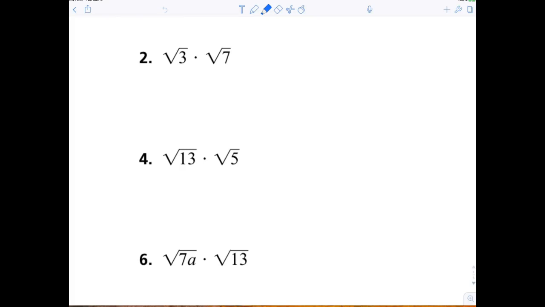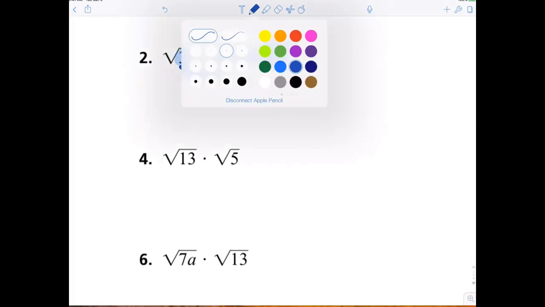Square root of 3 times the square root of 7 is what? Yeah, just the square root of 21. You're just multiplying. You can multiply things together, you just can't add them. Notice these are both radicals, so when you multiply two radicals, you get a radical. Everybody okay with that?